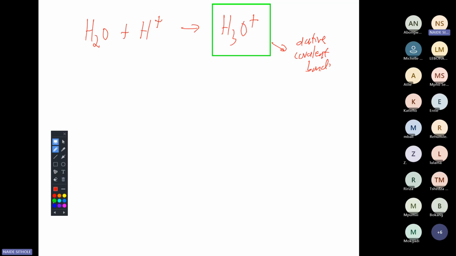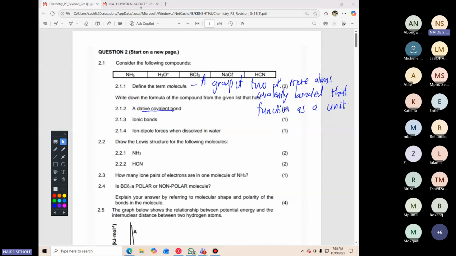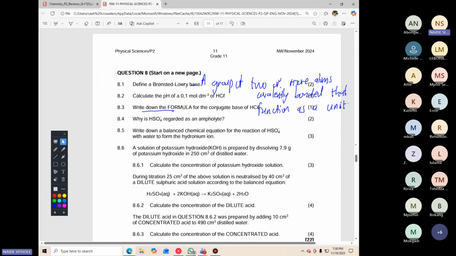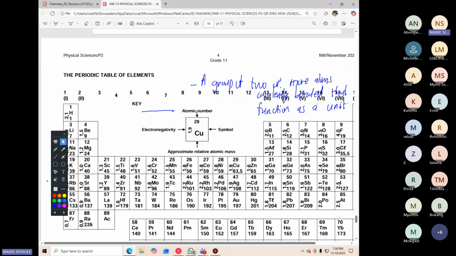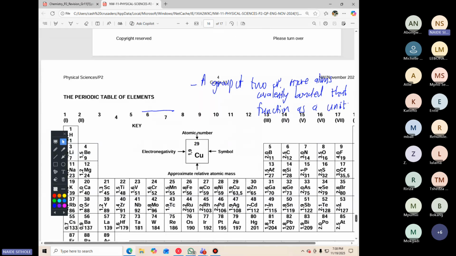So if I have to draw this in a Lewis structure, I have oxygen, it's 1, 2, 3, 4, 5, and then 6. Now, why is it 6? This is based off the periodic table, right? So periodic table here, we can see that oxygen is in group VI, which means everything in this group has what?